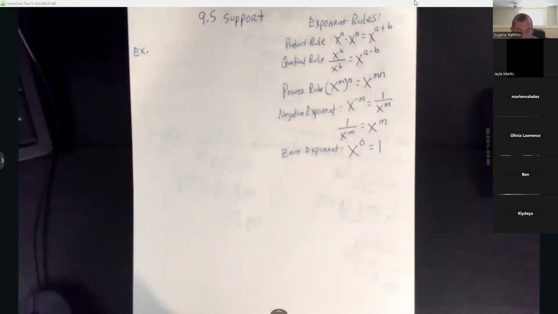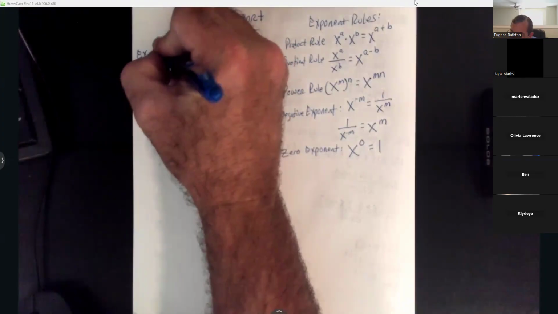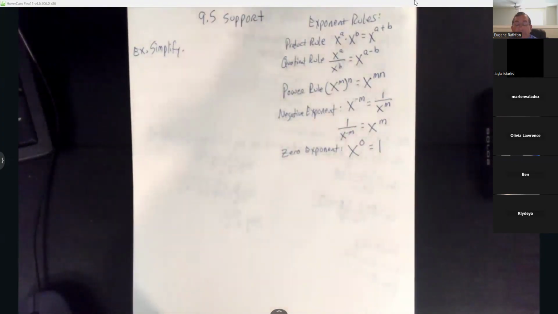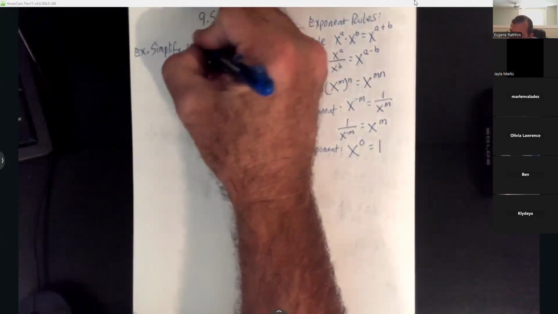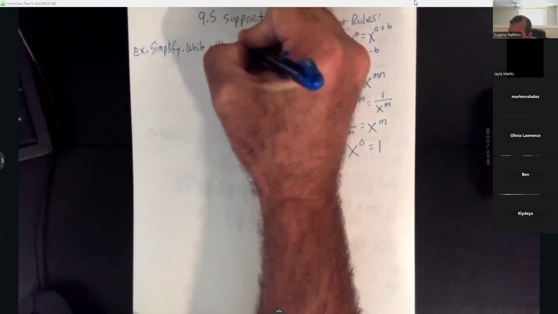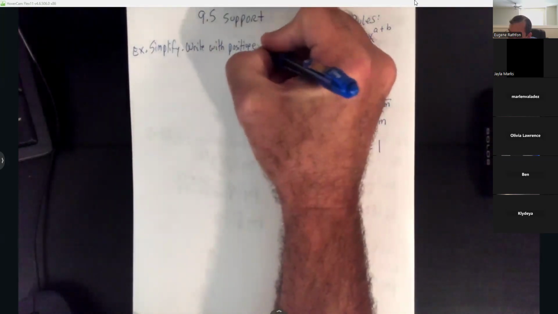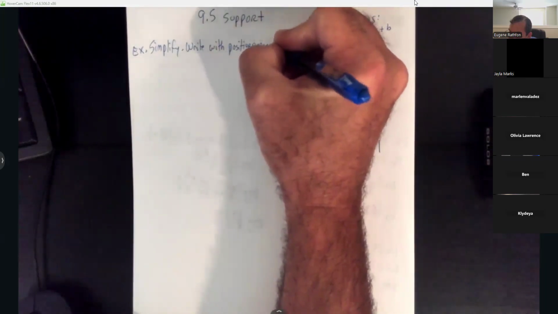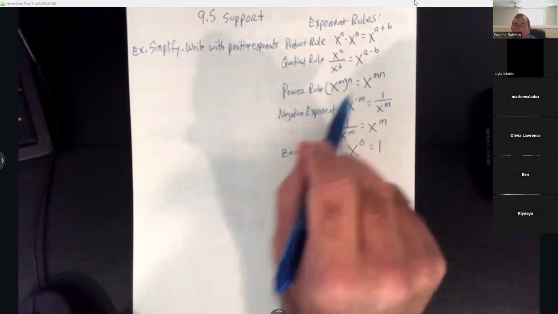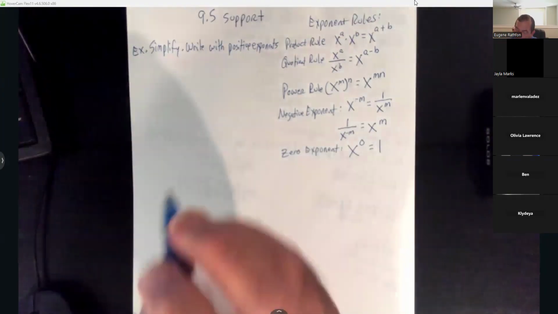And y'all, these are going to say simplify, but write with positive exponents. Okay, so if you get negative exponents, you're going to do something like this and get them things to be positive, okay?